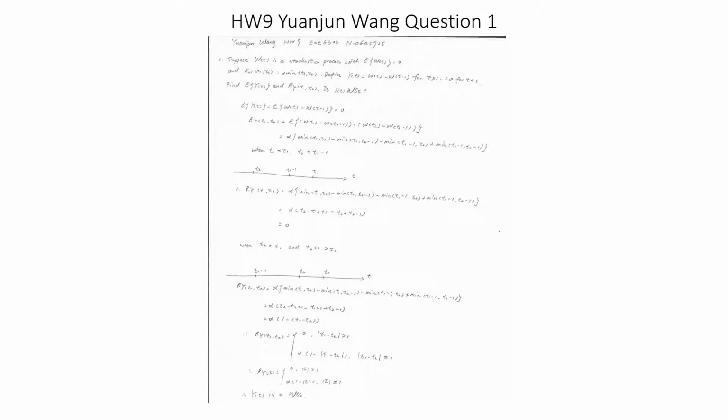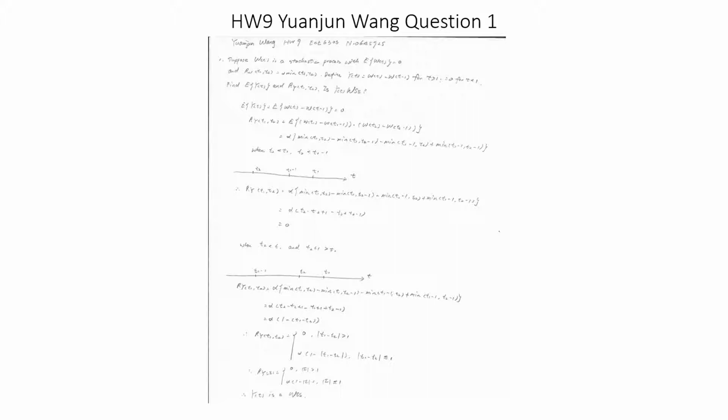So when t2 is smaller than t1 and t2 is smaller than t1 minus 1, as we can see from the graph, R_Y(t1, t2) is equal to alpha times the minimum of t1, t2, minus the minimum of t1, t2 minus 1, minus the minimum of t1 minus 1, t2, plus the minimum of t1 minus 1, t2 minus 1.